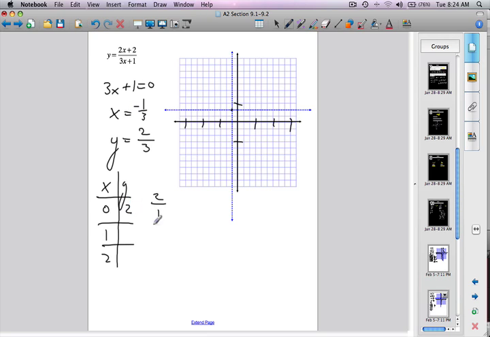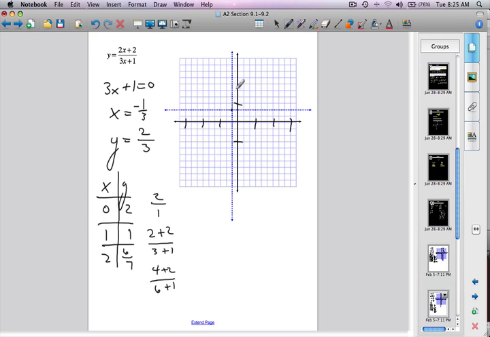When I plug 1 into this, I'll have 2 plus 2 over 3 plus 1. Well, this is 4 divided by 4, which is 1. And in this case, when I have 2 plugged in, I have 4 plus 2 over 6 plus 1, and this becomes 6/7. Okay, so when I plot these points, I'll go to 0.